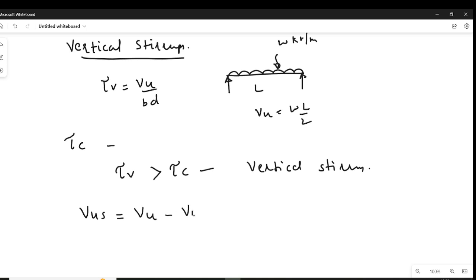Vuc is the shear force resisted by the concrete, and Vus is the net shear force for which the shear reinforcement shall be designed. Vu you will get from this. How to calculate Vuc? Vus equals Vu minus Vuc, where Vuc is tau c into bd. You will get the value of Vus, the net shear force.